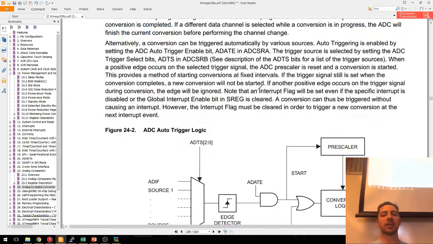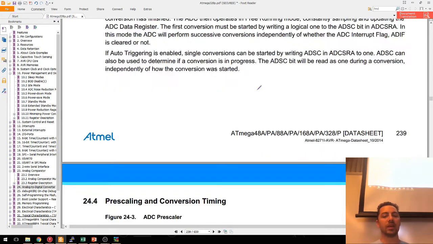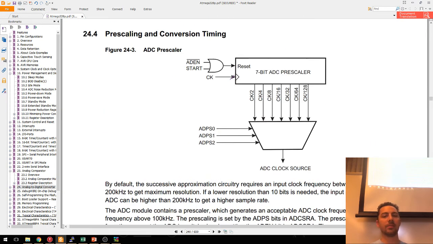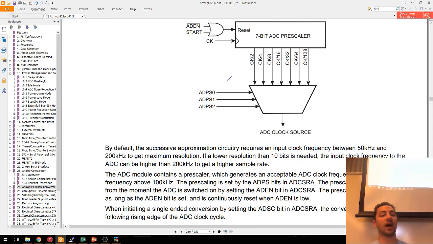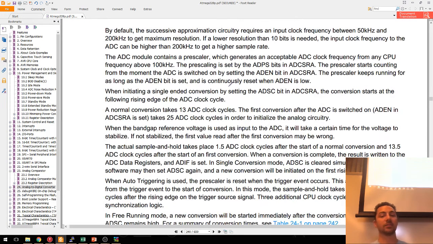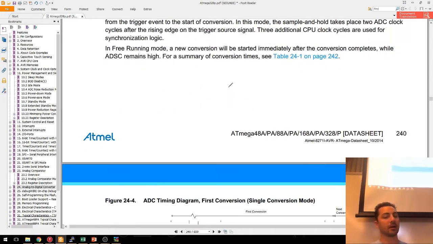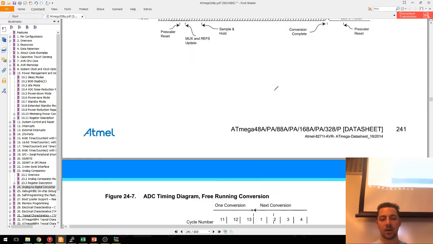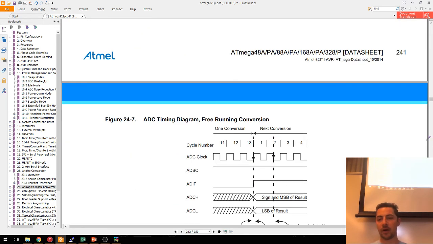Starting a conversion, it'll give you all of the information you need. It'll even give you some sample code half the time. This is a little bit more on all of the clock timing. If you want to know exactly how to deal with this, there are a couple of paragraphs on the clock timing, even some diagrams on how long that takes. What I'm looking for is, I'm quite curious now about the temperature.